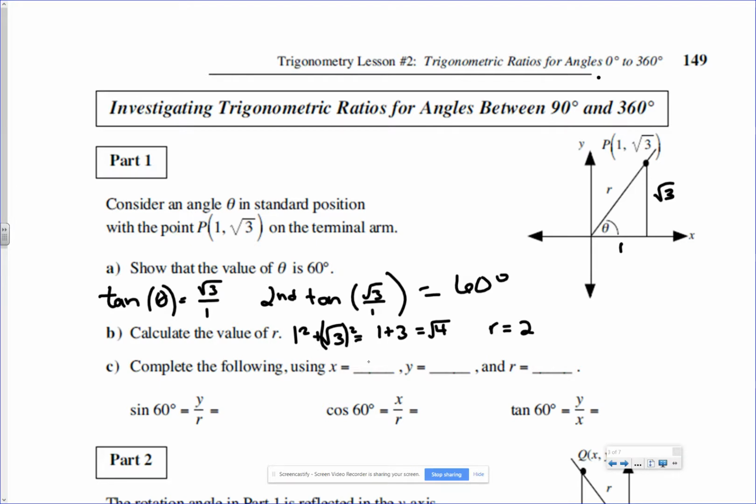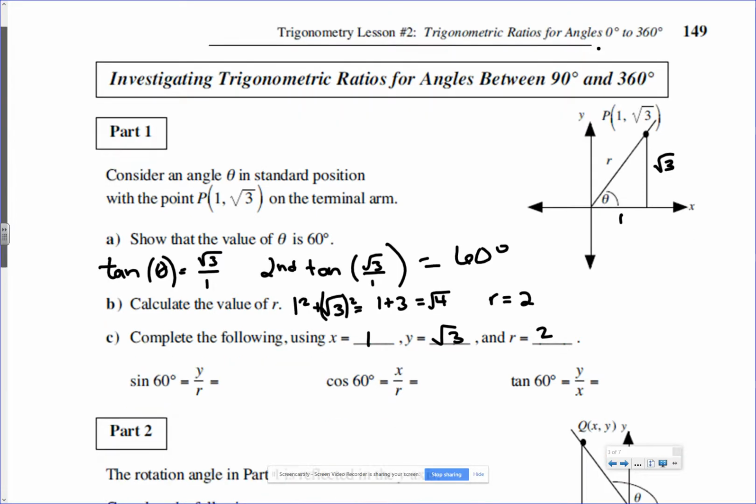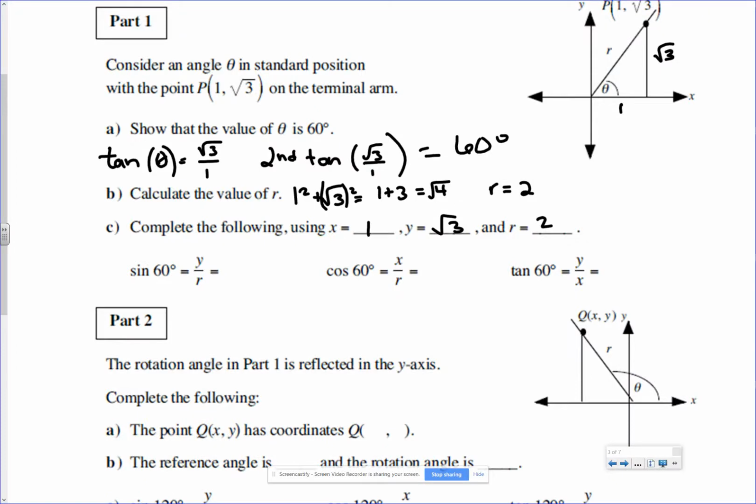So x was 1, y was root 3, and r was 2, and we can fill out our values. So y over r is root 3 over 2. x over r is 1 over 2. And y over x is equal to root 3 over 1.